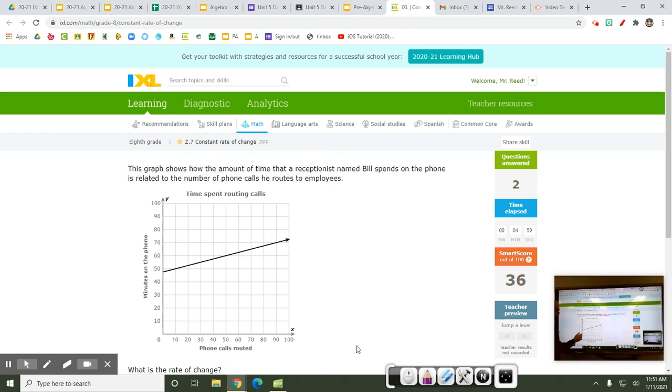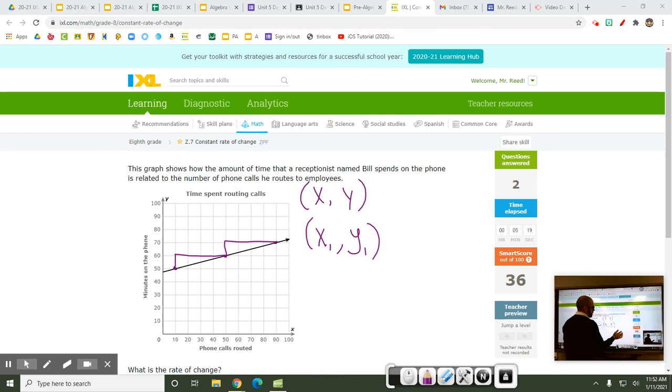You can find points, like here's a point, here's a point, here's a point, and do rise and run. Or you can pick 2 points. You have an x and a y, and we'll call the second one x1, y1. You would just subtract those: y1 minus y over x1 minus x, and get your answer.